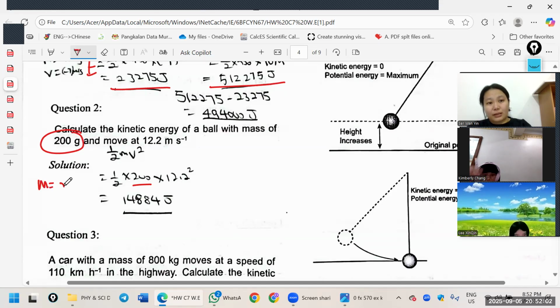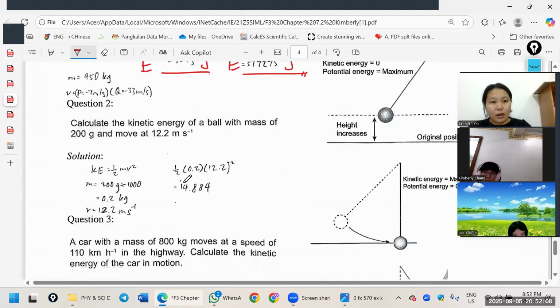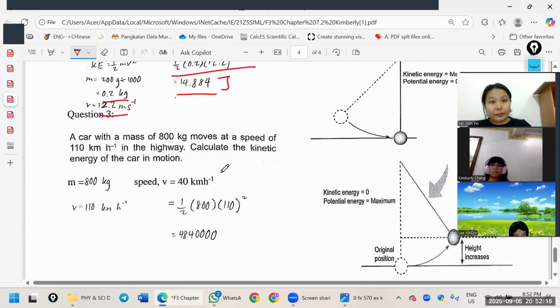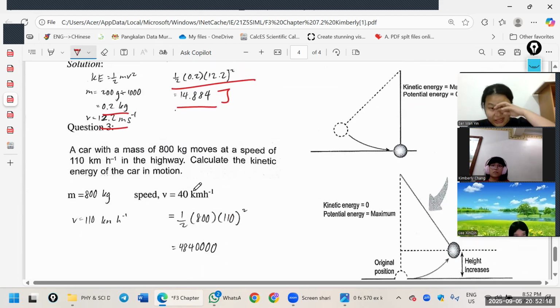Gram must be SI unit, 0.2 kg. Yes, very good. 40 kilometer per hour. Yeah, 100, 110, yeah.